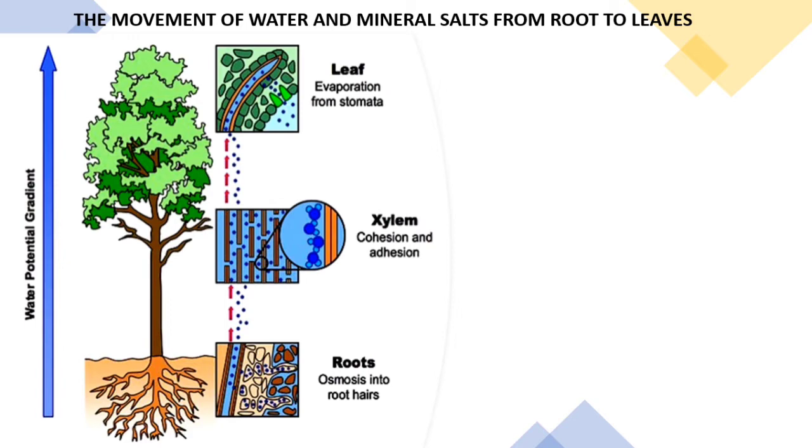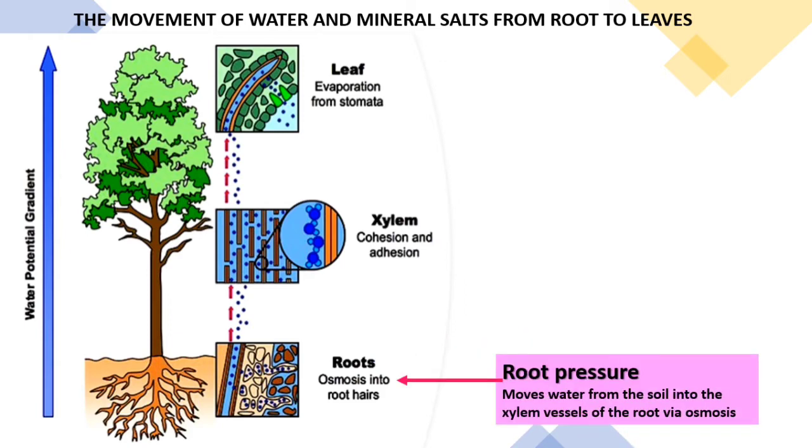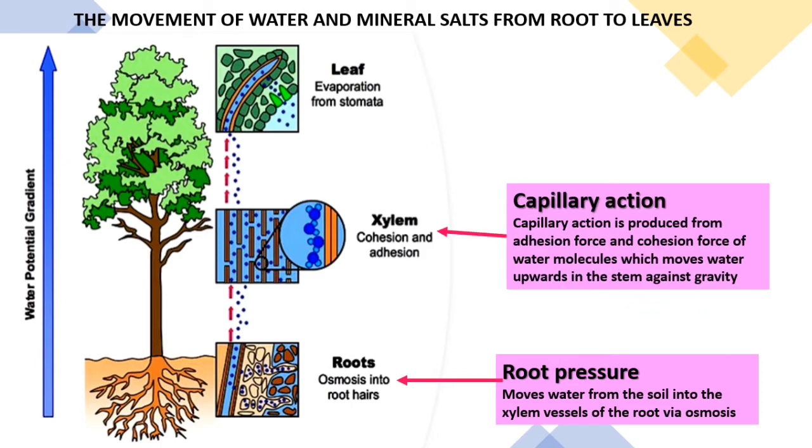So, this is the picture of how water and mineral salt move from root to the leaf. At the roots, it has root pressure. It will move water from the soil into the xylem vessel of the root via osmosis. At the stem, it has capillary action.